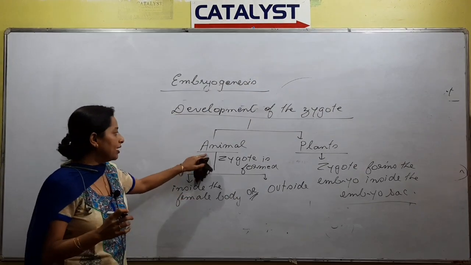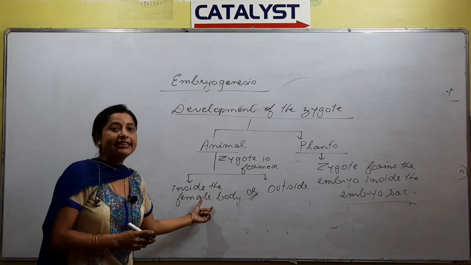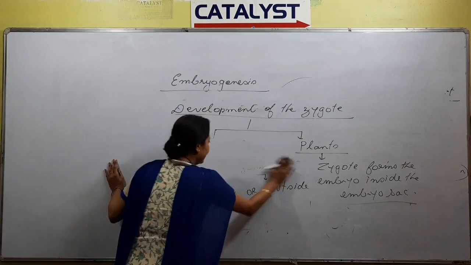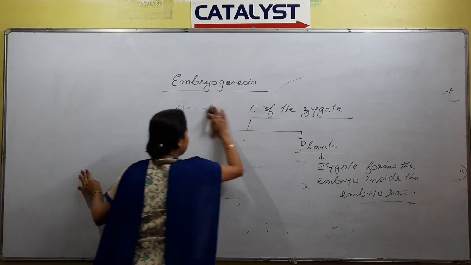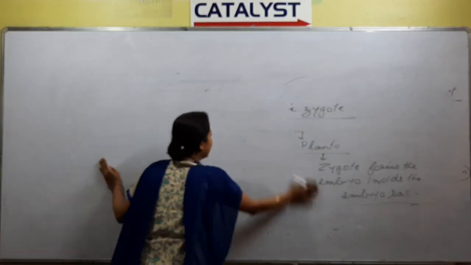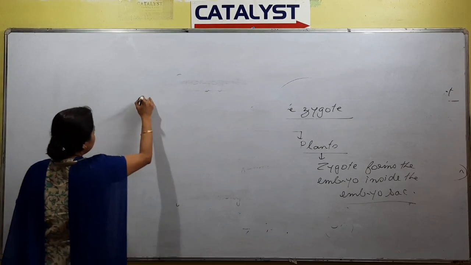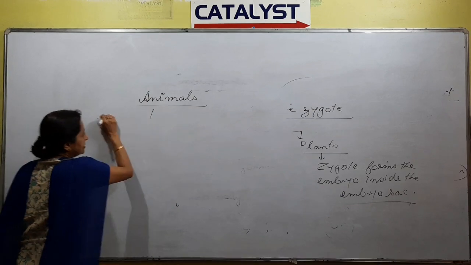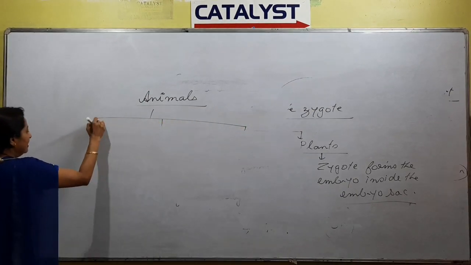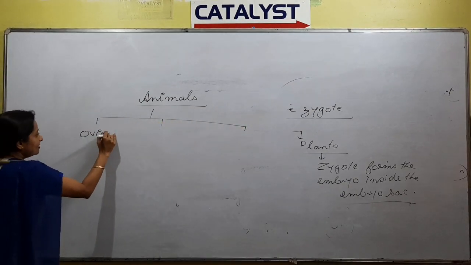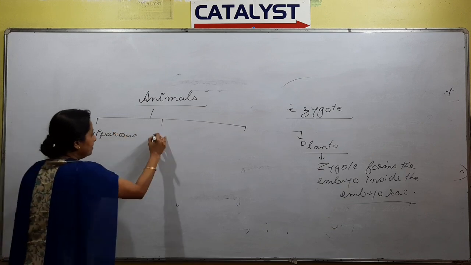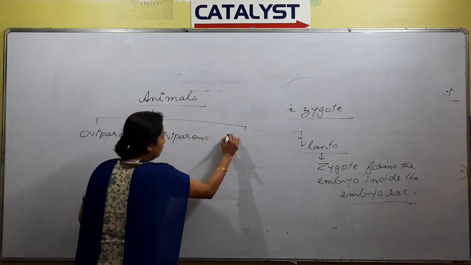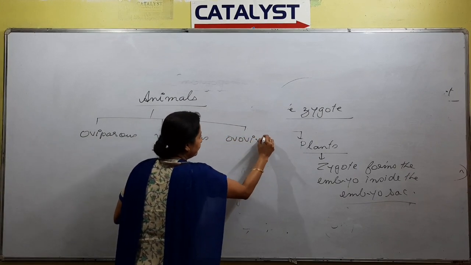On the basis of this statement, animals are divided into three categories: oviparous, viviparous, and ovoviviparous.